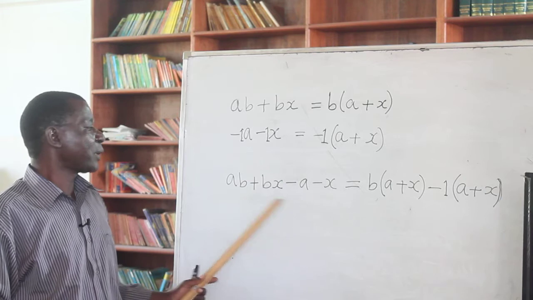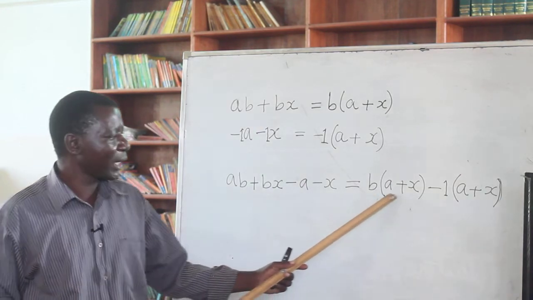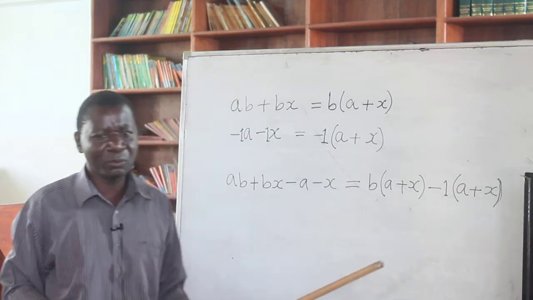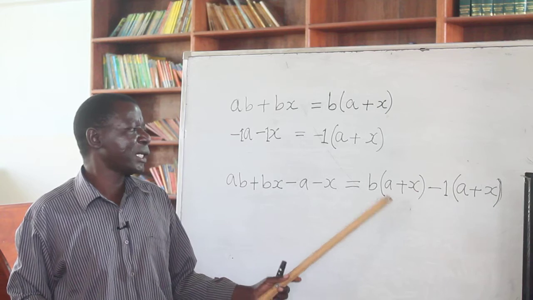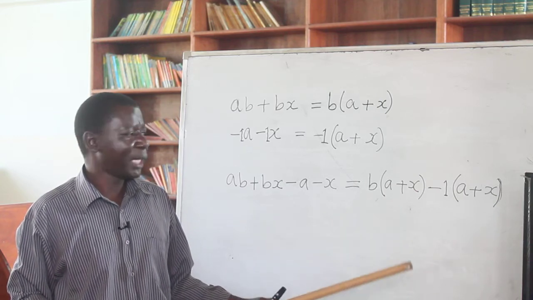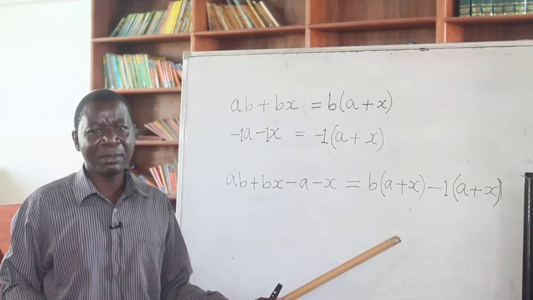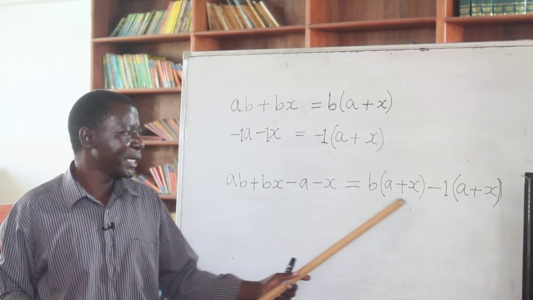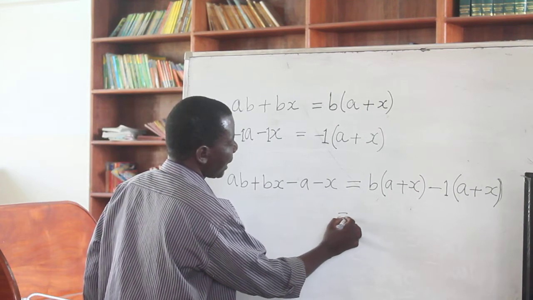Now, we have factorized the two groups. But again, if you look at the final factorization, a plus x appears in both groups, and therefore a plus x becomes another common term, another extended common term. So we can take that one outside the bracket.